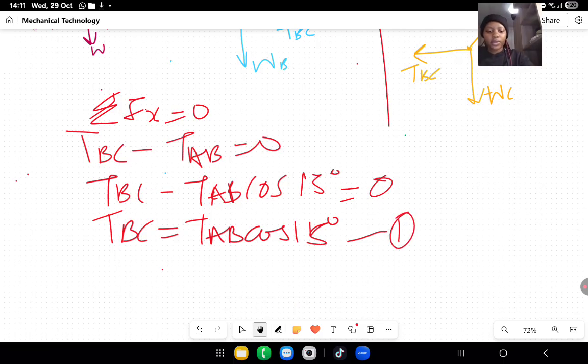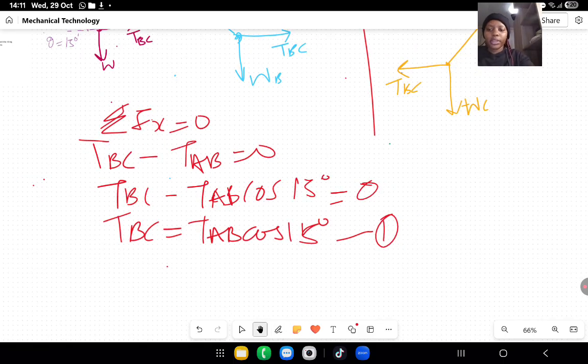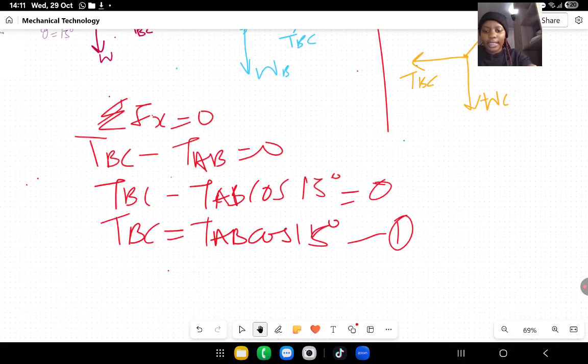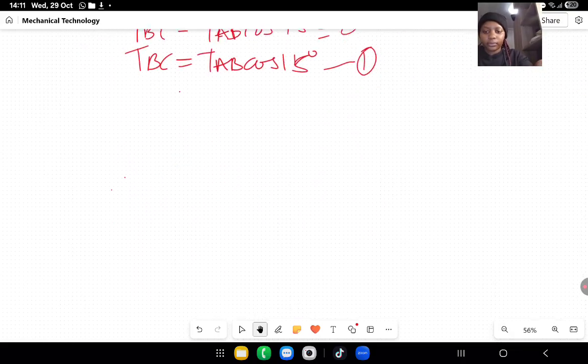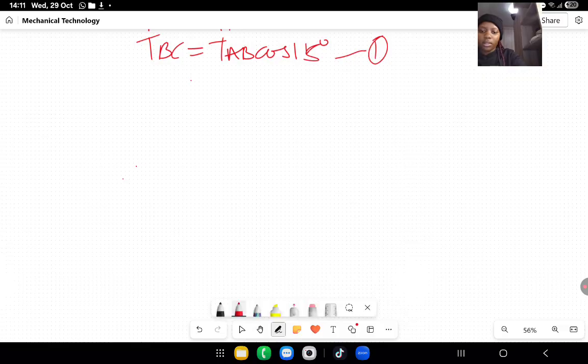Then we go to our vertical components for this side. The sum of forces in Y equals 0.